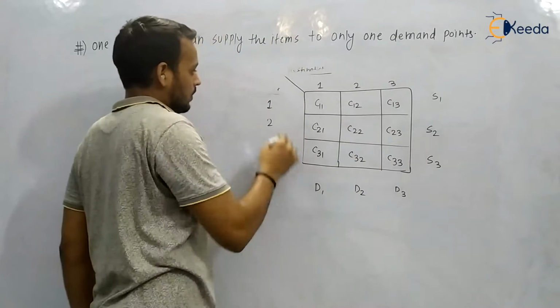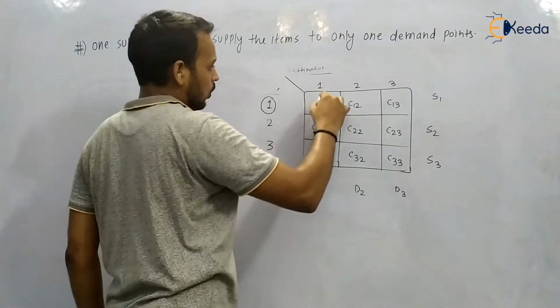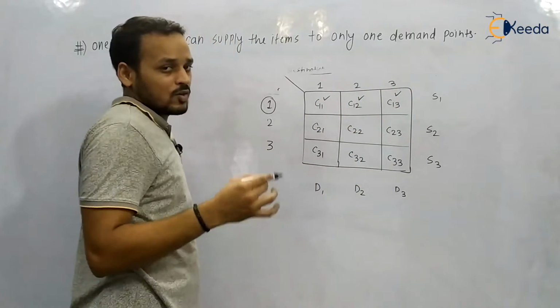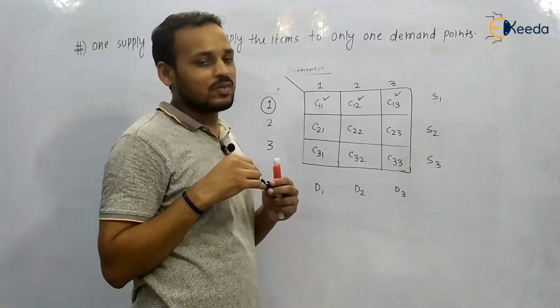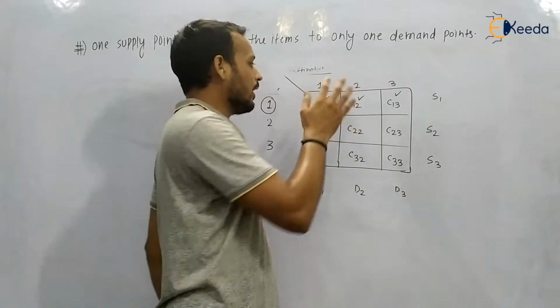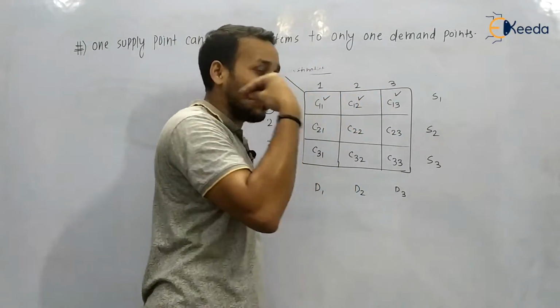Look here, suppose this is factory number 1 and it can supply to destination 1, destination 2 and destination 3. In the transportation problem we could supply to any of these 3 destinations, either 1, 2 or 3 or all 3.